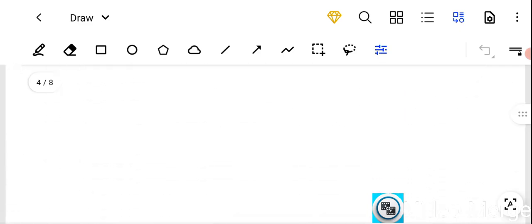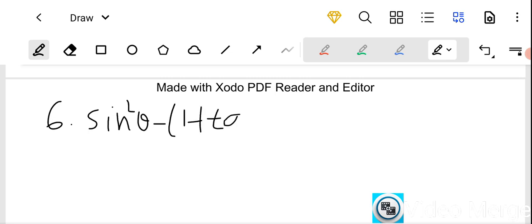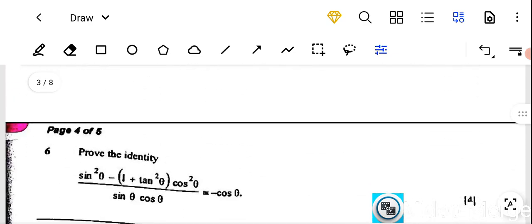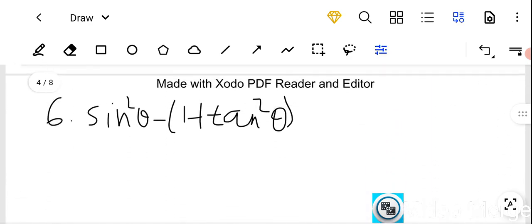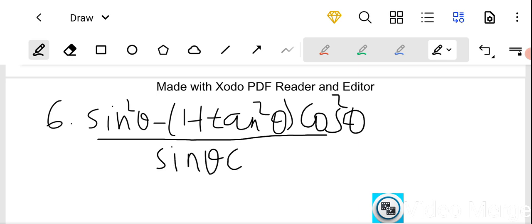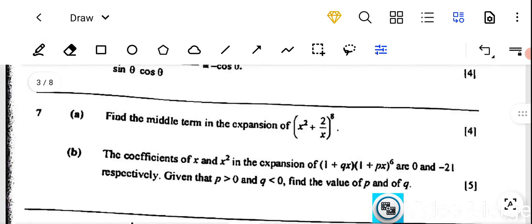So this is question 6, where we have sin theta squared minus (1 plus tan theta squared), and then outside the brackets we have cos theta squared divided by sin theta cos theta, is equivalent to negative cos theta.